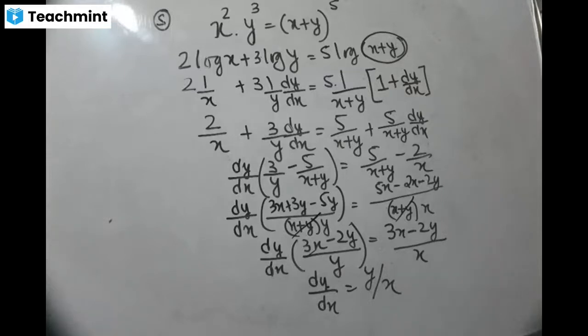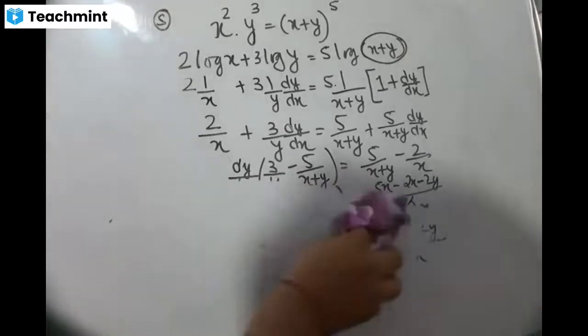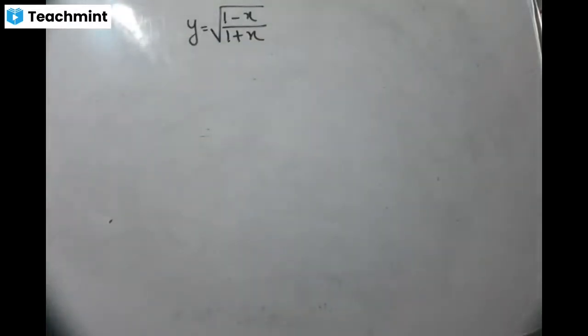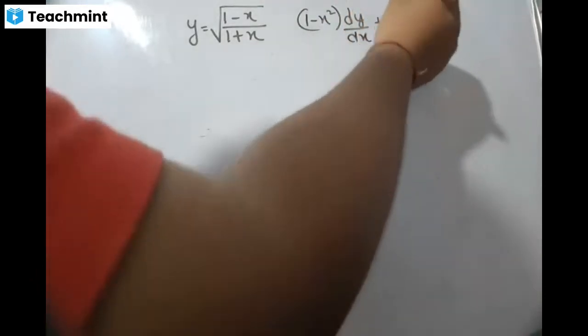Okay, the next question is: if y equals under root of 1 minus x divided by 1 plus x, then I have to find the value of 1 minus x square dy by dx plus y equals question mark.